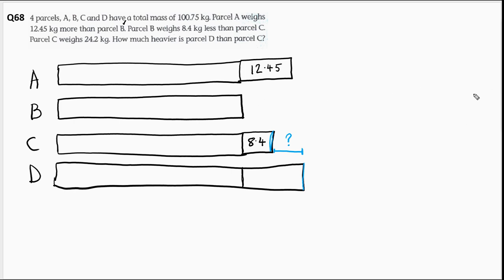Okay, well, we've got a very useful bit of information over here. And also, we should put this in. So we go back to our question, have we captured all the information? Not quite. We know that the total mass is 100.75 kilograms. And we are given this bit here. 24.2 is the weight of parcel C. So where's that?